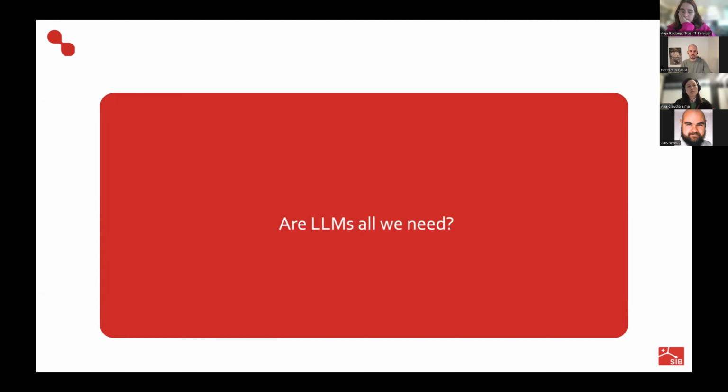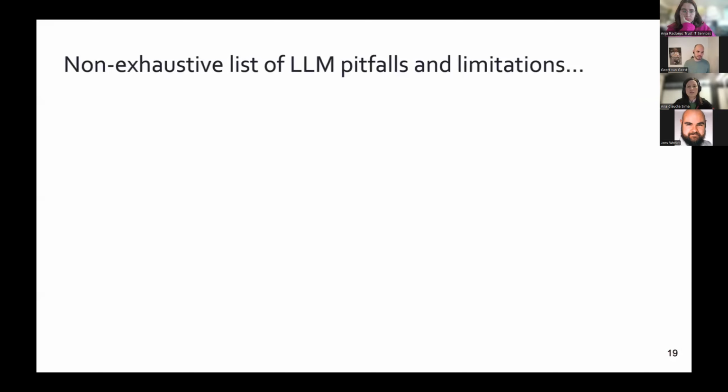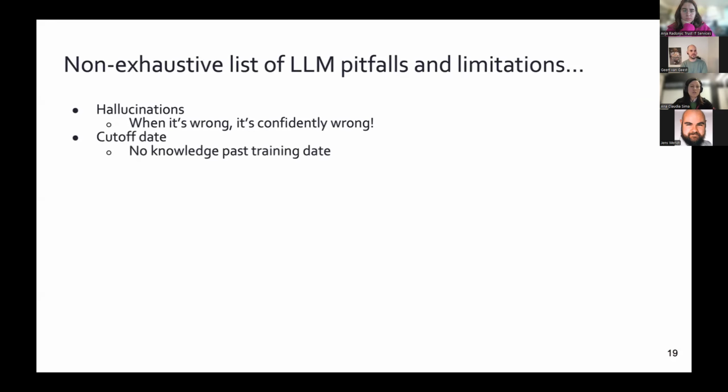Today, I think it's relatively clear that LLMs have a lot of pitfalls and limitations as well. In particular, one which has been known from the very beginning is the problem of hallucination. So when they are wrong, they are confidently wrong, and you have to always validate their answers. But there is also the problem of cutoff date.